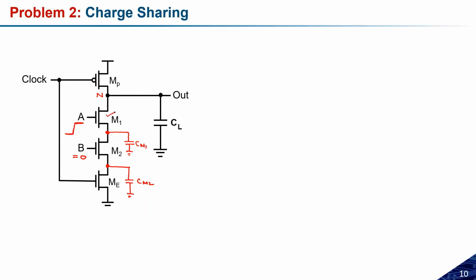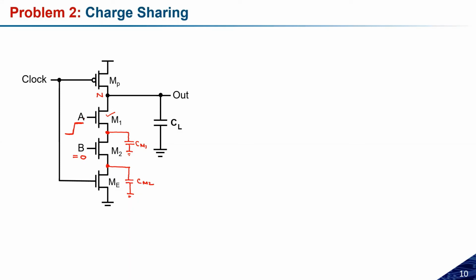state. Because this M1 is in on state and M2 is in off state, ideally I am assuming there should be no leakage of whatever charge has been stored at the dynamic node, because there is no direct path between the dynamic node and the ground.